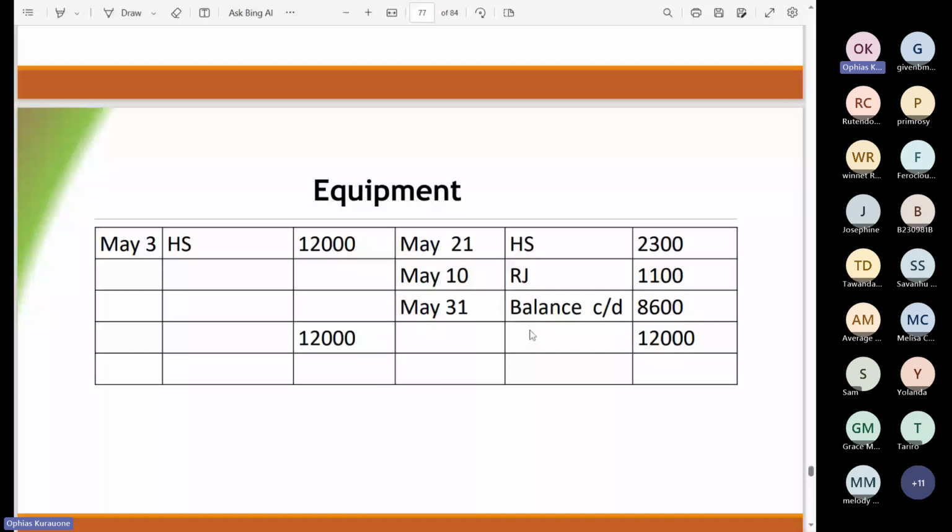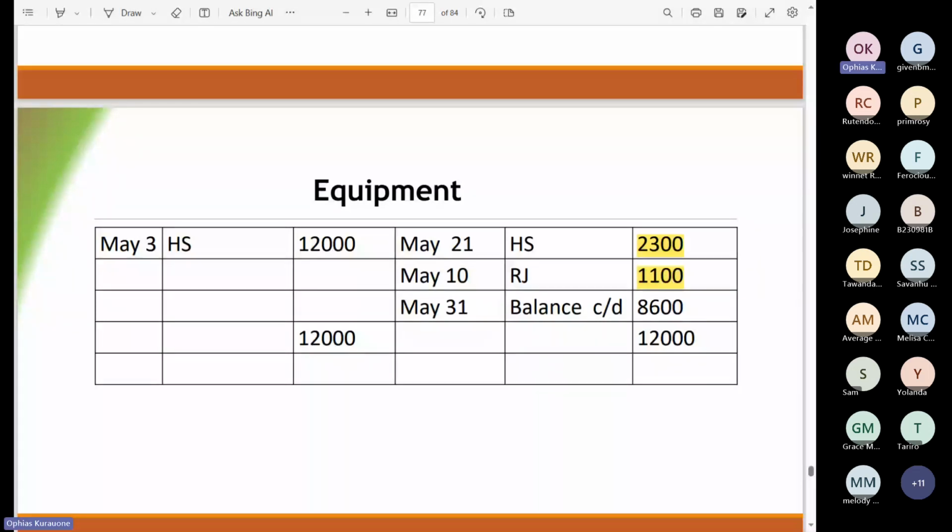Equipment: they bought equipment of 12,000. Unfortunately, they had to return another equipment to HS of 2,300, so it's a minus on the credit side. Then they sold another equipment to RJ, which is 1,100.